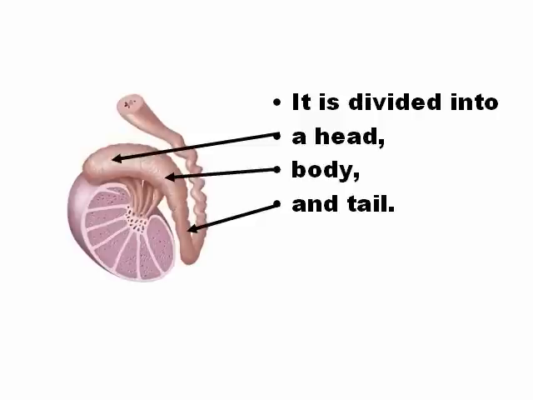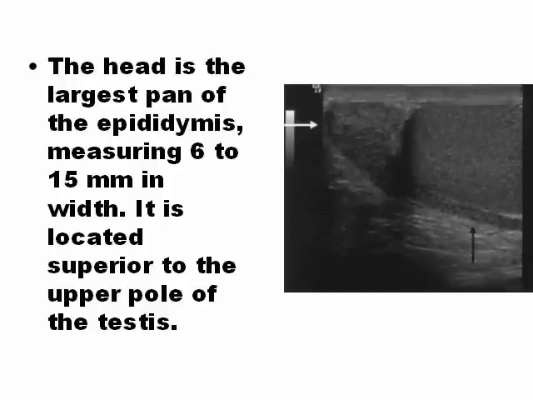The epididymis is divided into head, body, and tail. The head is the easiest part to visualize and is around 6 to 15 millimeters. It is superior to the superior pole of the testis.